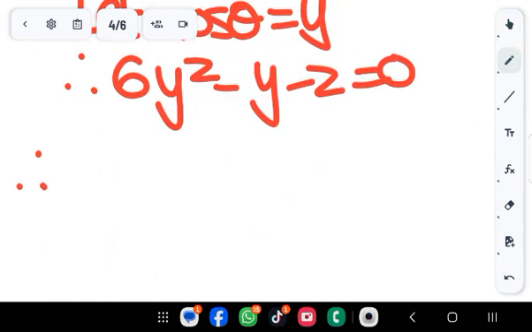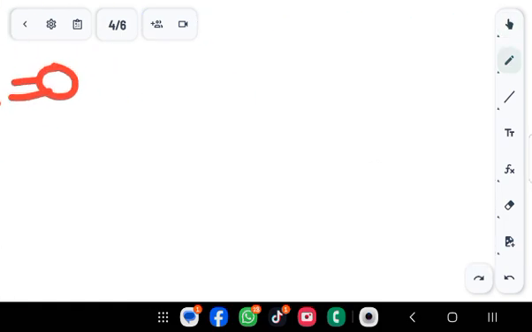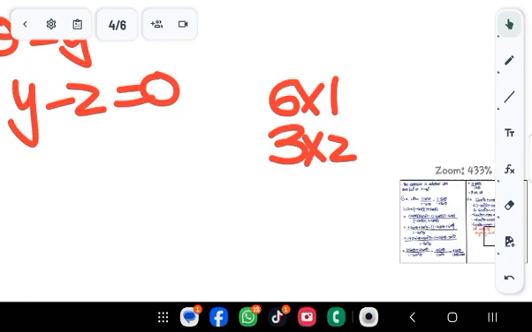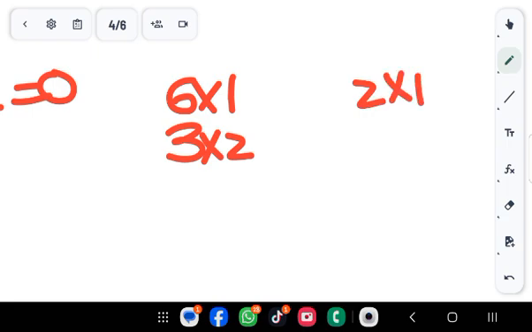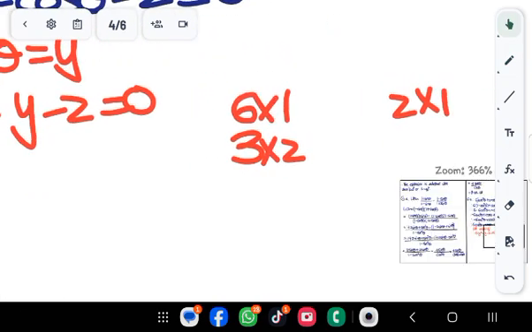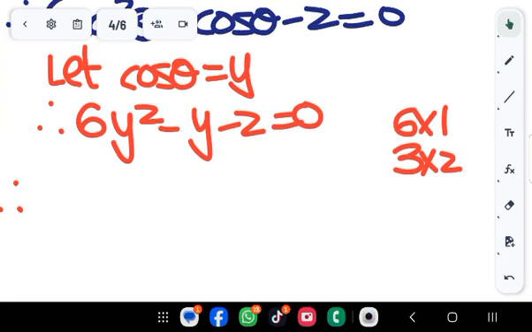So let's use this. Here are the factors of 6 that we can use to factorize: 6 times 1, 3 times 2, and the factors of 2 are just 2 and 1. The combination that can give us 1 is 3 times 1 and 2 times 2.